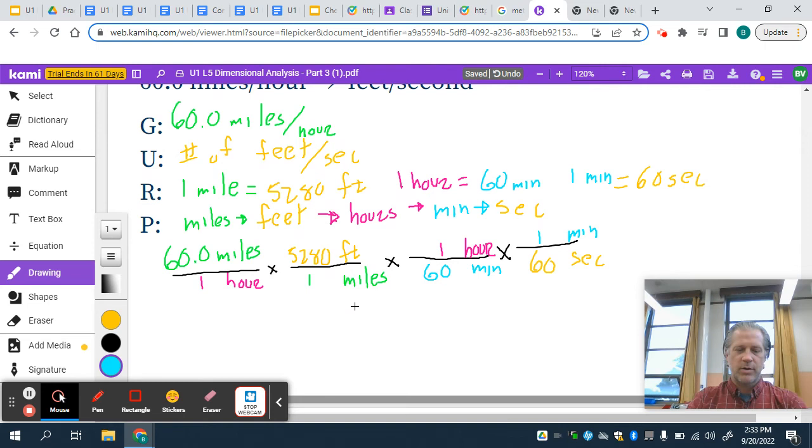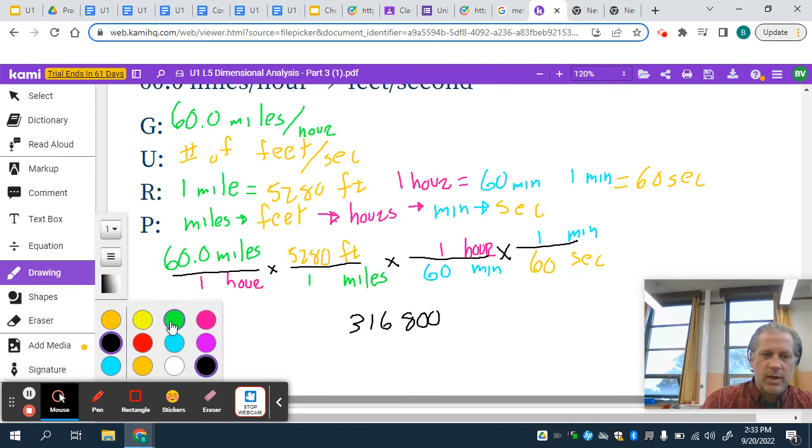So with this problem here, I'm going to multiply straight across the top, which is 60 times 5,280 times 1 times 1. And that's going to give me a value of 316,800.